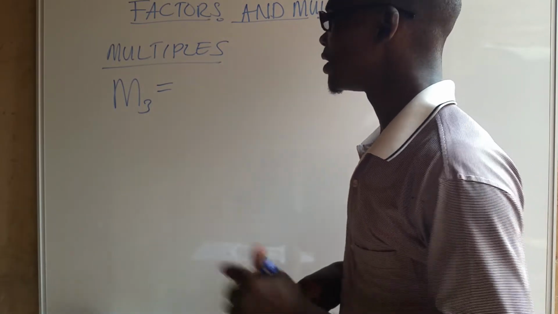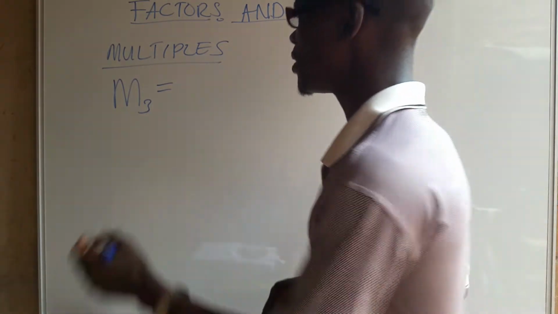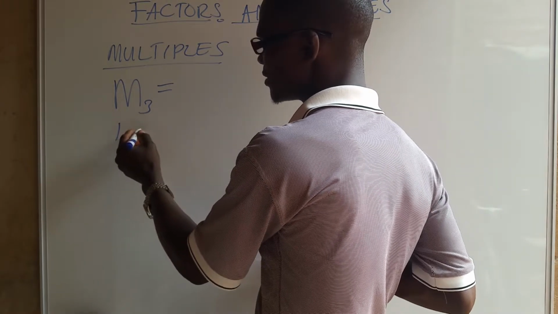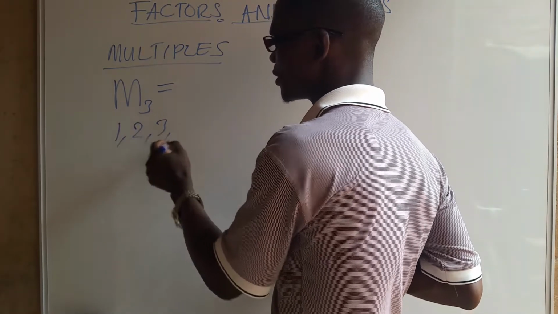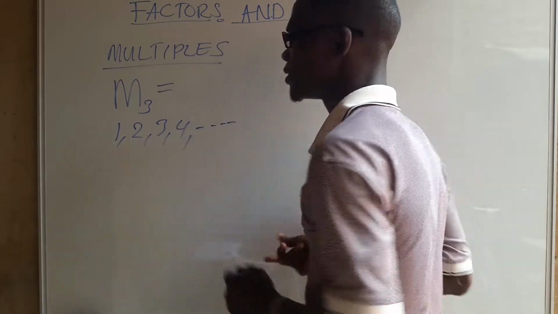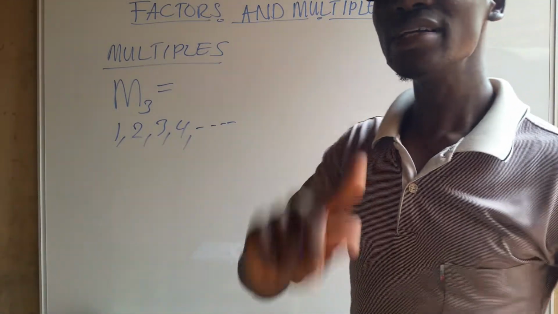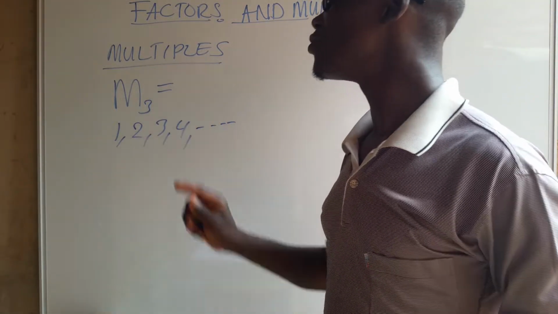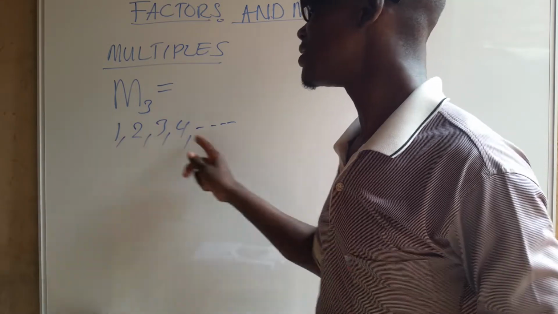And therefore, if we look at natural numbers, we mean counting numbers starting from 1, 2, 3, 4, and so on. So, for you to get the multiples of 3, you multiply 3 by these natural numbers.